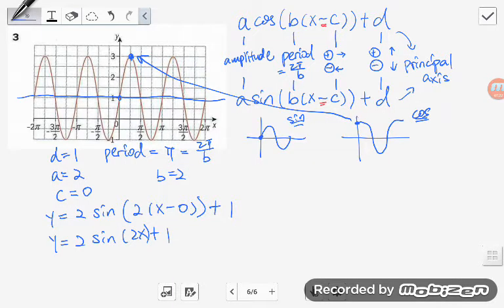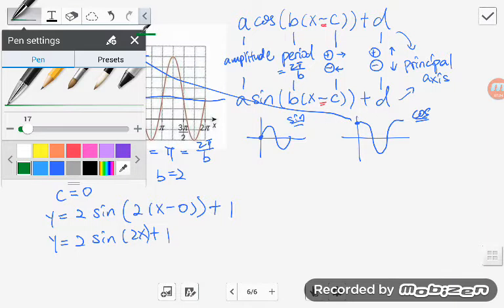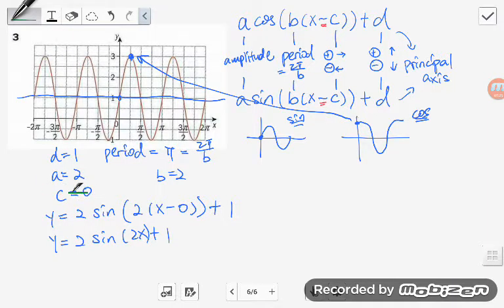The only thing that is different is c for the cosine graph. I'm going to use green for the cosine graph. Let's see how much we moved here. This is pi over 2, and it's been moved half of that, so this is pi over 4. This means the graph we have over here is moved to the right by pi over 4.